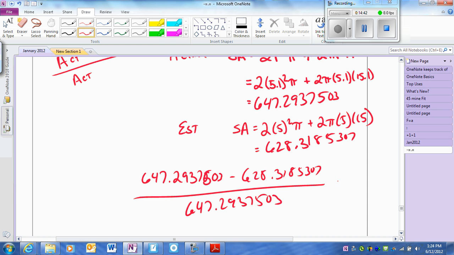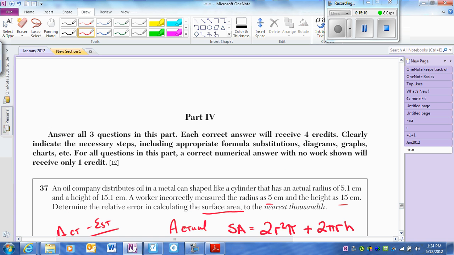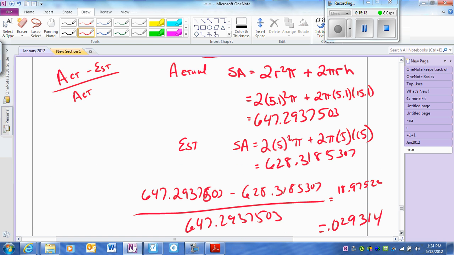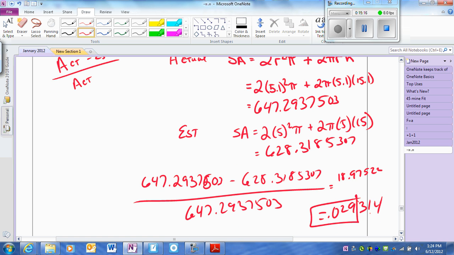This is something like 18.9752 divided by 647.2937, which is 0.0291314, and we want this rounded to the nearest thousandth. It's 3 decimals. So we keep or increase? Keep. Does 3 tell us to keep? Of course, the answer is 0.029. It's kind of a pain in that question.